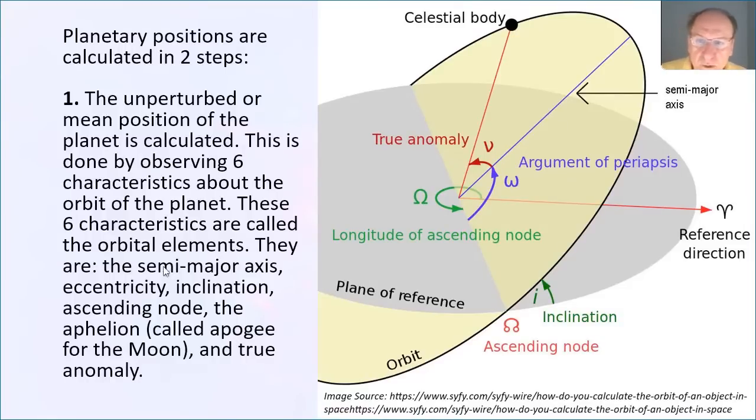The 6 orbital elements start with the semi-major axis. I describe this more thoroughly in other videos on the astronomy of astrology, but just to review, the semi-major axis is half of the distance of the orbit going the long way. The orbit is an ellipse, like an egg shape. You take the long path, where the egg is longer, and you take half of that.